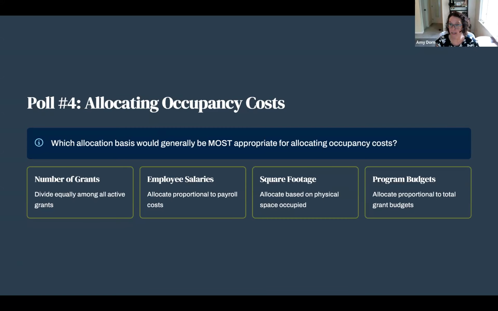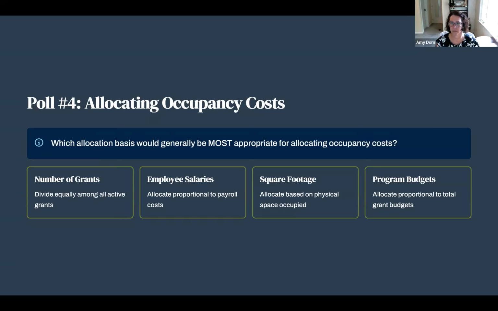Can they explain that that's what they're doing? Absolutely. So it meets that easy-to-explain test, but it's not based on anything. A budget is not the real picture of what's going on, and your costs have to be allocated based on something that's in the real picture of what's going on.